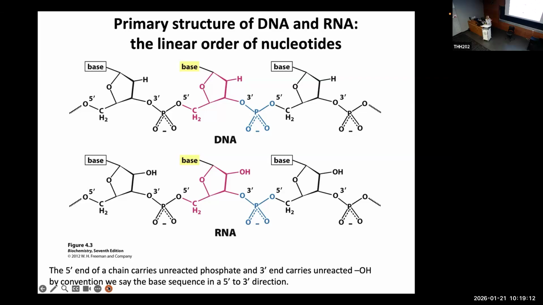And at the 5' end, you would have a phosphate that is just hanging off the end, and then at the other end, you would have a hydroxyl group. Whenever you say a sequence of DNA or RNA, the sequence is always written from the 5' end to the 3' end. That's just by convention. That's how we say a sequence. So if this is the 5' end, you would say this base, and this base. CGT.